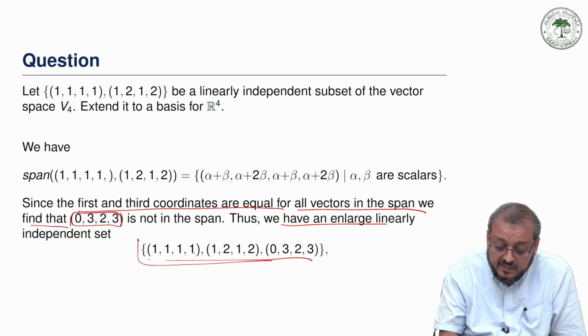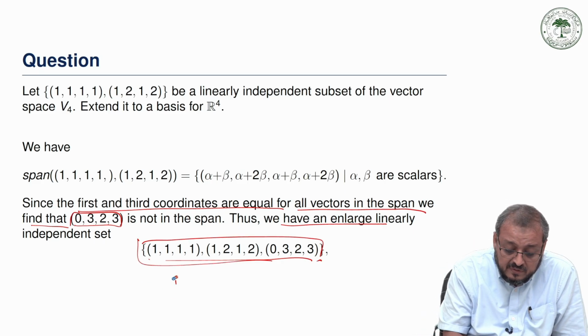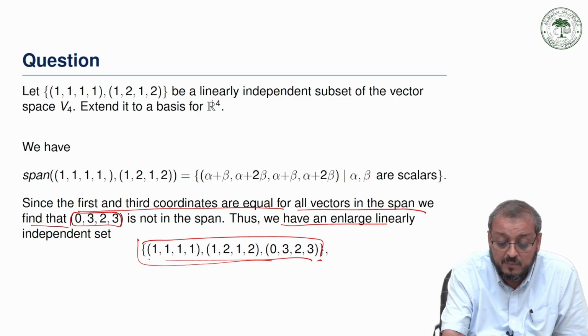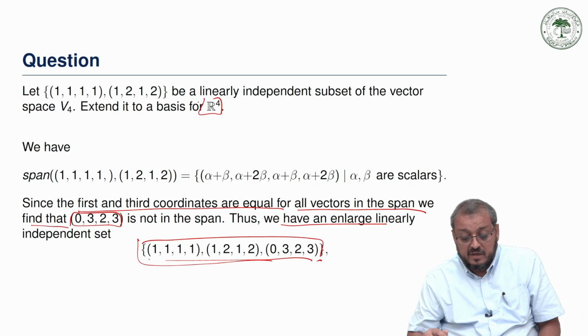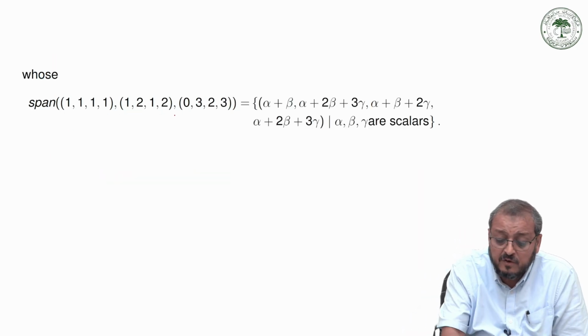Okay, so this set is linearly independent, but for it to form a basis, the dimension must be 4, and here it is 3. So this means we need to extend this again by one more vector. We write the span of these three vectors.